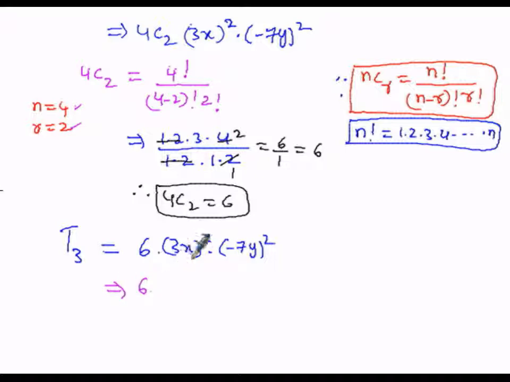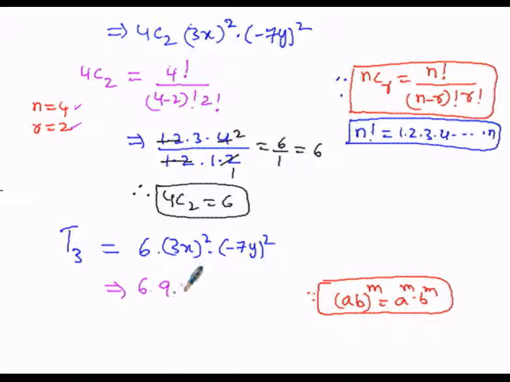It is in the form (AB)^m, which can be written as A^m into B^m, so I am going to expand. 3 squared, 3 threes are 9, into x squared. Then minus repeatedly multiplied twice, so minus into minus is plus. So 7 squared, 7 sevens are 49, into y squared.